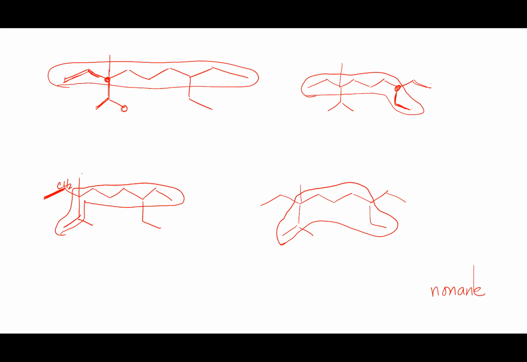Now, what I would suggest to people if they first start and they can't do that quickly in their head is let's expand the structure. So when we expand the structure, every intersection, every end of a line is a carbon. We add enough hydrogens to give 4 and only 4 bonds. So that means this was a carbon with 2 bonds, it gets 2 hydrogens.